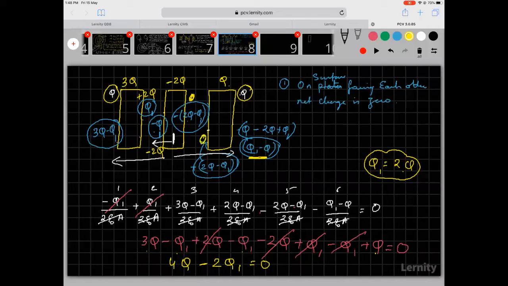On the outer surface, the net charge will be total charge by 2, and it will be the same. Write notes, work it out for yourself.